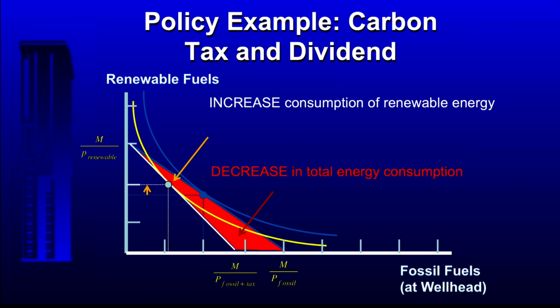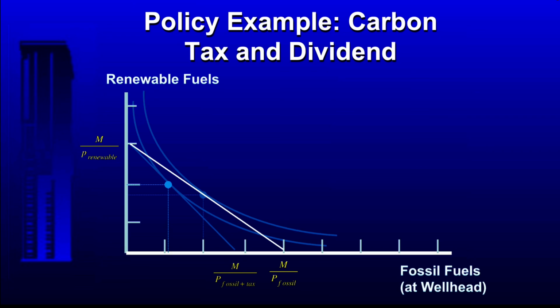Okay, and of course this is assuming that the tax itself doesn't provide public goods. Well, let's take that example and let's say, as what CCL wants to do, they want to take that tax revenue and give it back to the consumer at the end of the year. So what this will do is get rid of this negative income effect.